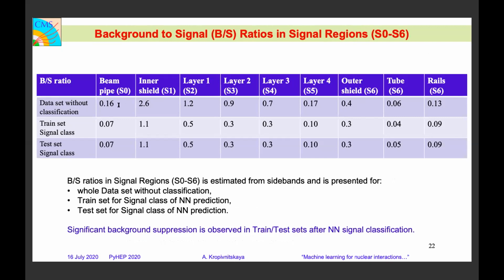So this is how the background and signal look in our geometrically defined signal regions for the beam pipe and all other structures. You can also see in the second and third lines the results for the train and test sets. We managed to suppress this background to signal ratio by more than a factor of 2. This is a really impressive result.